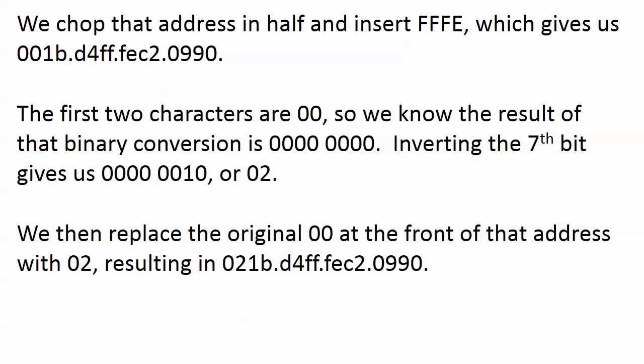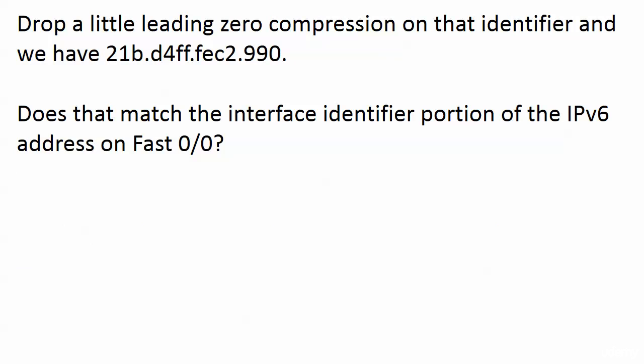So what would that compress down to? We drop a little leading 0 compression on that bad boy, and we get 21B, D4FF, FEC2, 990. Does that match the interface identifier portion of the version 6 address?